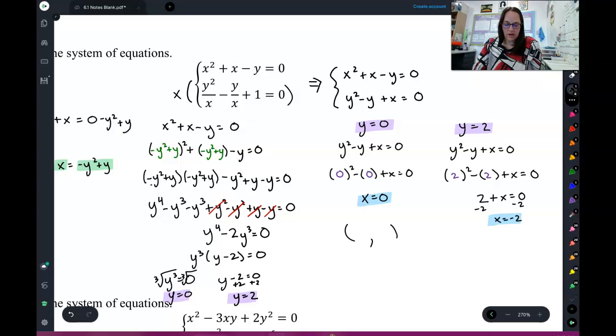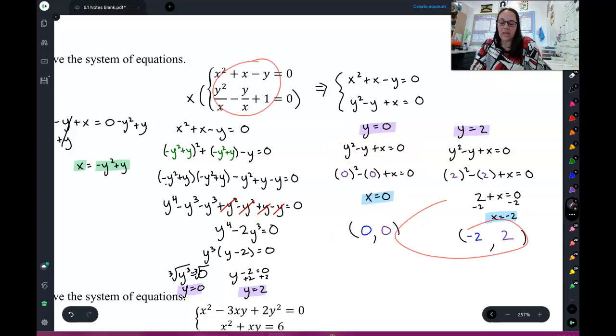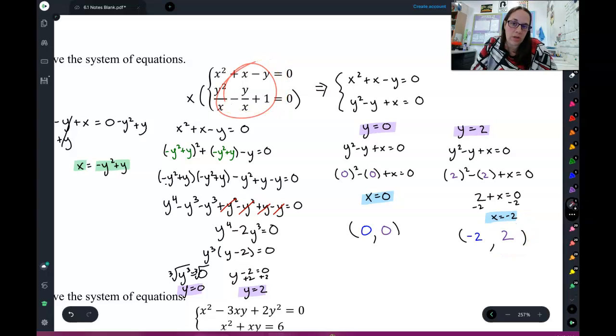So now I have a whole point here. First point is 0, 0. Second point is -2, 2. And these are my 2 points. Now, remember the step that we've typically been skipping for all of these problems is you know that these work for this equation, but you don't actually know that these points work for either of our original equations.